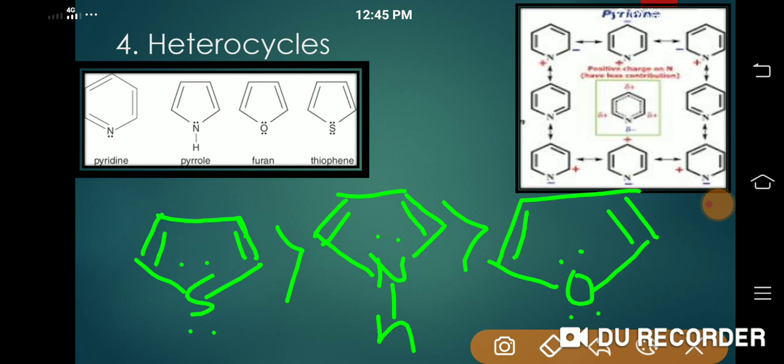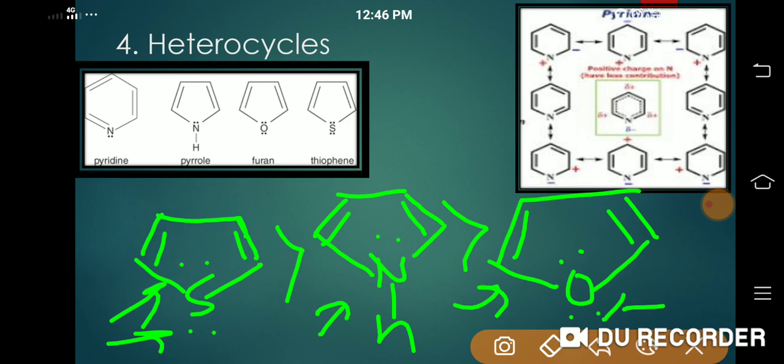Now, oxygen and sulfur come from one family, so only one lone pair is involved in the conjugation to become an aromatic compound, whereas another lone pair is available for donation. However, in case of pyrrole, there is only one lone pair of electrons and that is involved in the delocalization. It is more stable or more aromatic as compared to furan.